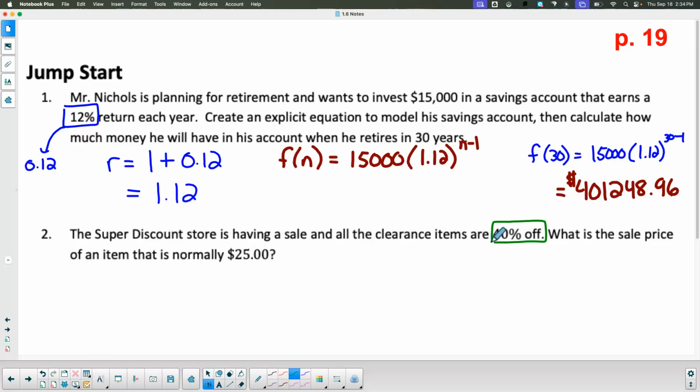So we pay 60%, which in terms of a decimal is 0.6. So 25 is going to be multiplied by 0.6. How much are we paying if we're paying at 40% off? $15.